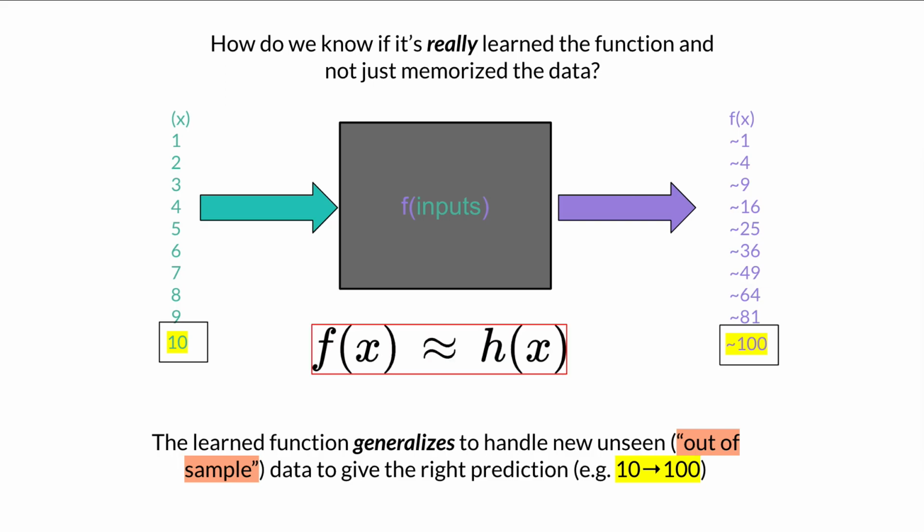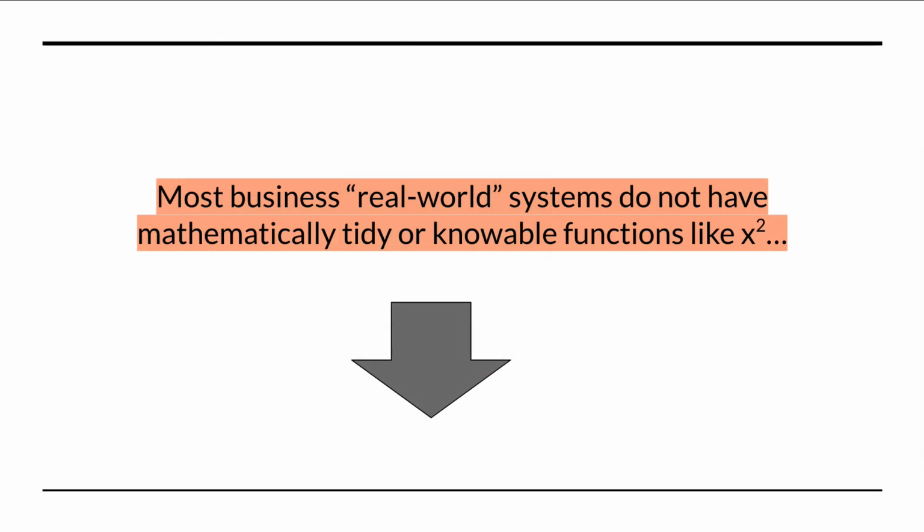So we can now have some degree of belief, confidence that the model function f of X is indeed some approximation of the hidden or target function h of X. But the problem is most business real world quote unquote systems do not have mathematically tidy or knowable functions like y equals x squared.